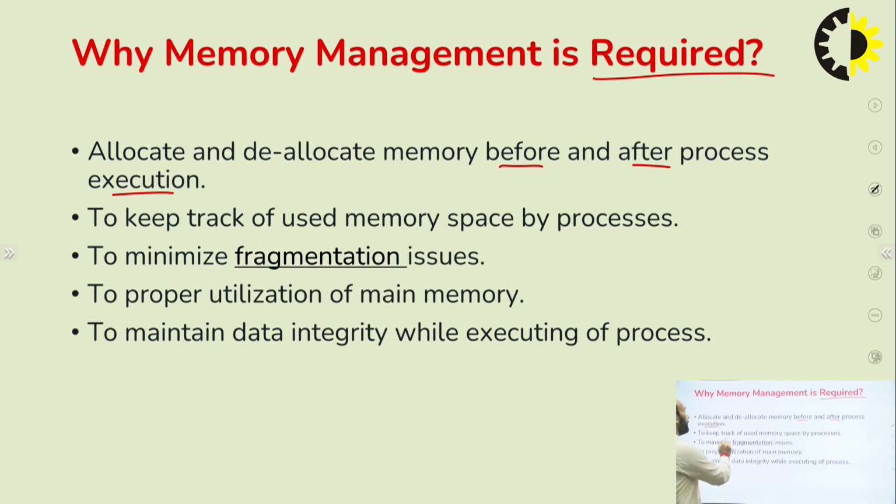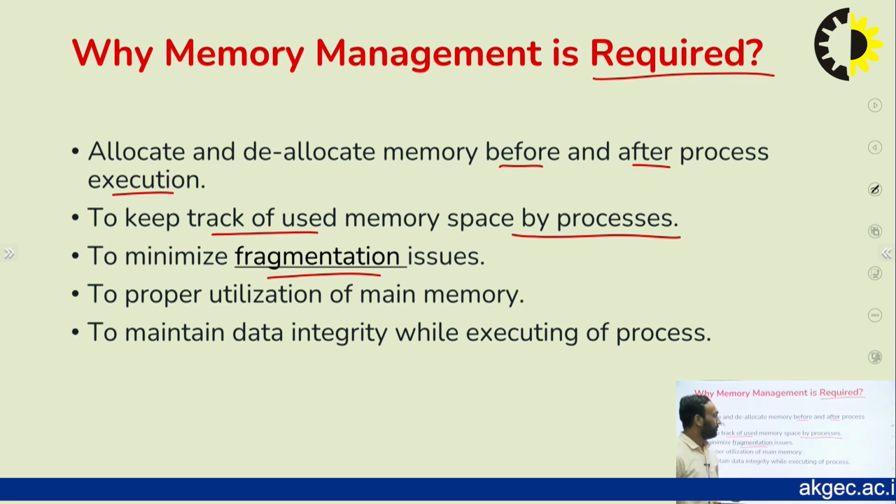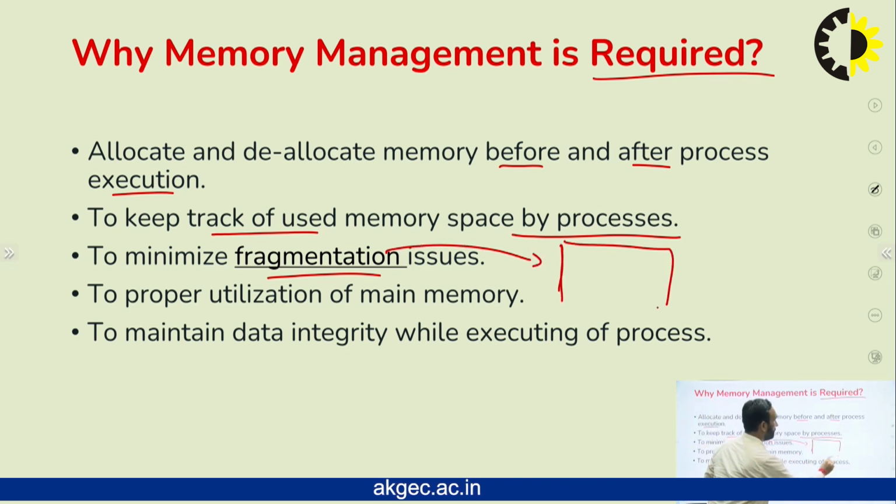Second, to keep track of the memory space used by a process. Thirdly, to minimize fragmentation issues. As we know, fragmentation is of two types, internal and external. Internal fragmentation occurs when some space is left within a memory block.